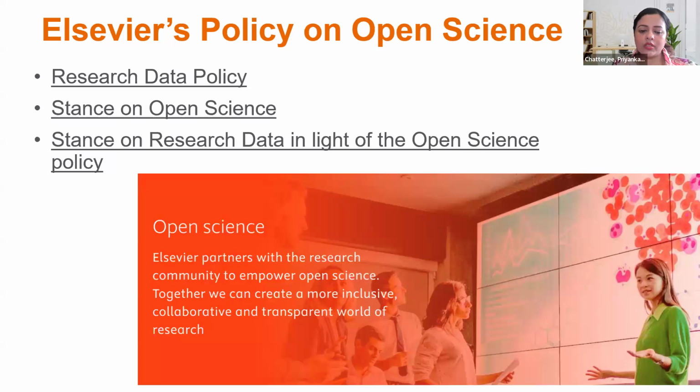I'm sure that as researchers, when you intend to publish your paper and you are reaching out to the publishers, you see that they will also have their open data policies. Elsevier also has policies on open science: we have research data policies, we have a stance on open science, and all of it is available on our website. If you go to elsevier.com, you will be able to see our research data policies governing open science.